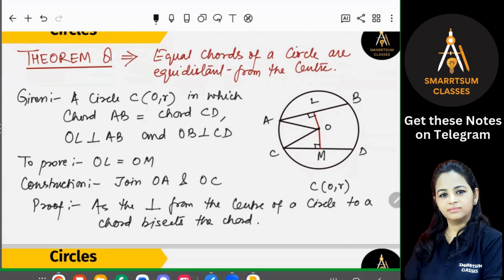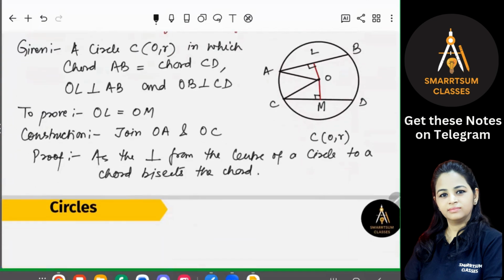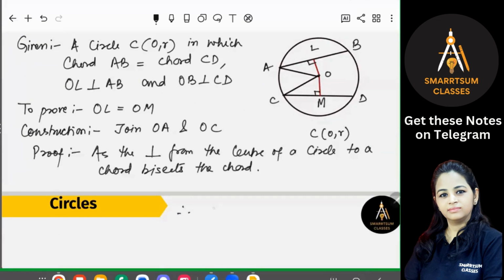If OL is bisecting AB, that means AL is equal to half of AB, right? And CM will be equal to half of CD, right? Because OL is bisecting this chord. So AL, this part, will be half of AB. And similarly, CM will be half of the chord CD, right? Because these perpendiculars are bisecting the chords, right?